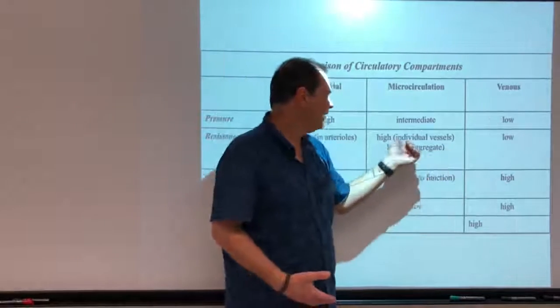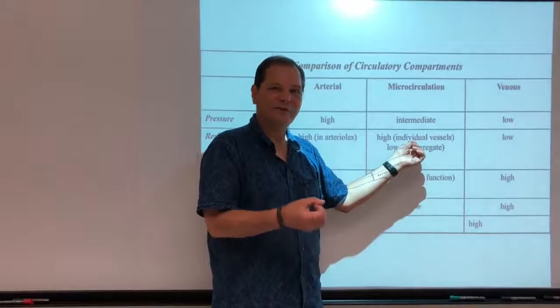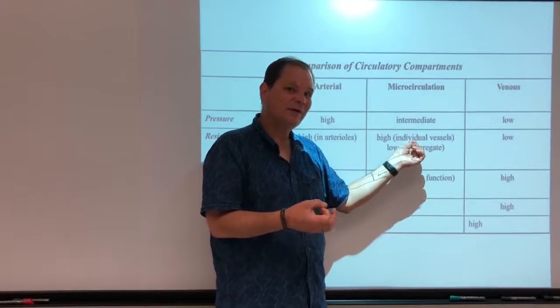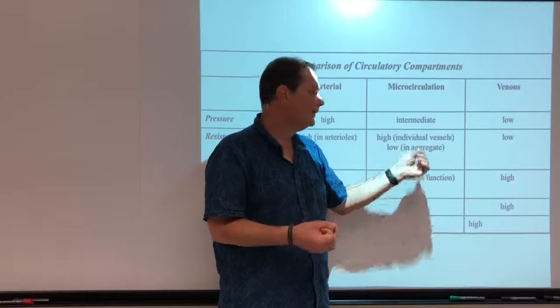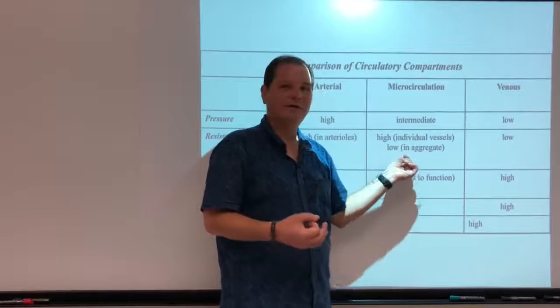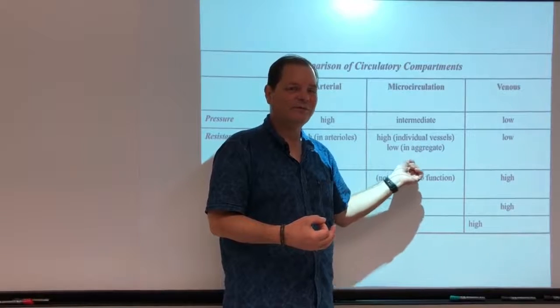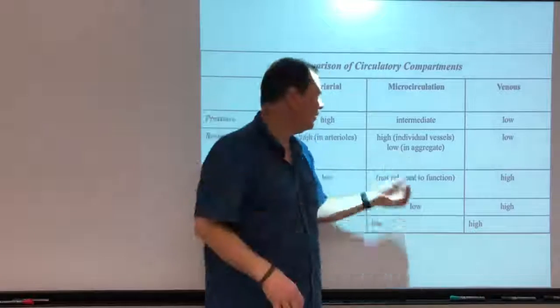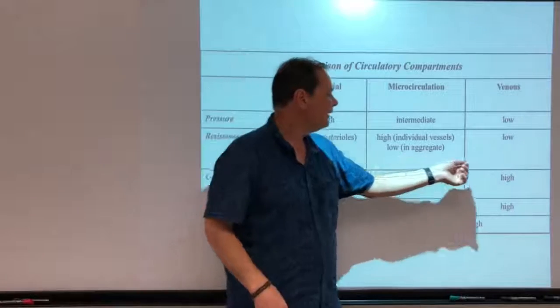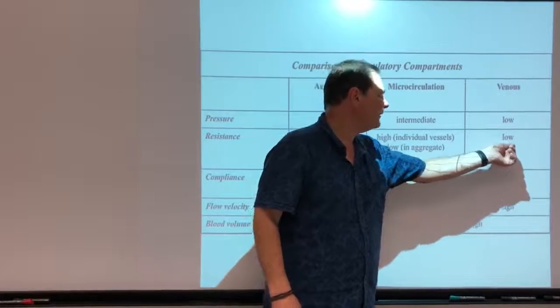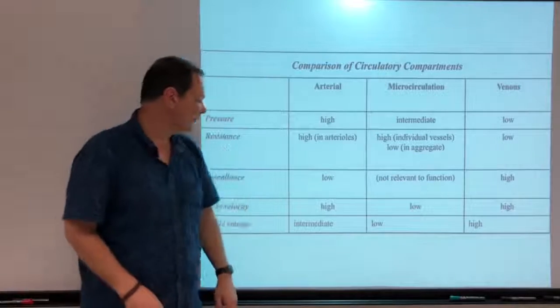It's high in the individual vessels because an individual vessel has a relatively small radius. But in aggregate, on a system level, the resistance to flow through the capillaries as a whole is relatively low. And the venous resistance is relatively low as well.